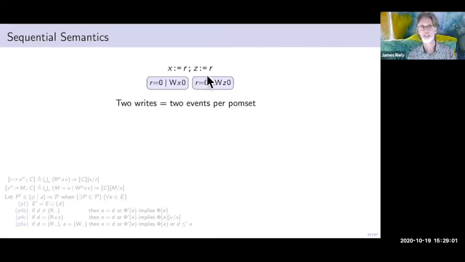If I prepend two of these together, I might end up with two events. So we have the possibility, of course, reading and writing 0, reading and writing 1. Now, these things are calculated independently, so we could end up with some trouble if we had inconsistent choices. So this is ruled out by the consistency requirement for POMSETs. So if we're using the same register twice, we'll need to be consistent about what we think about it.